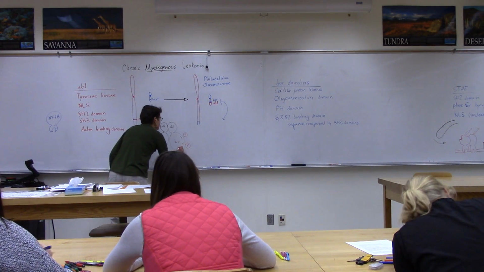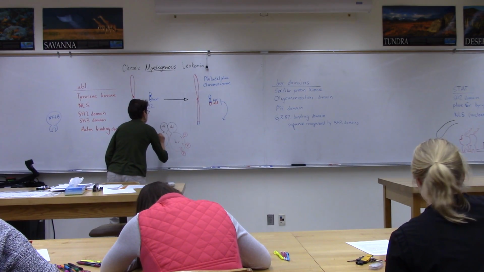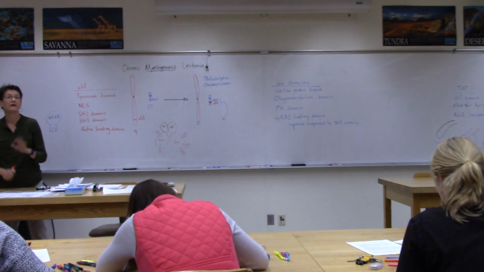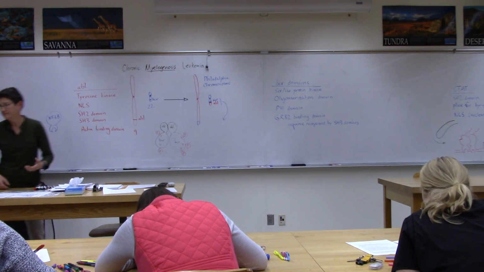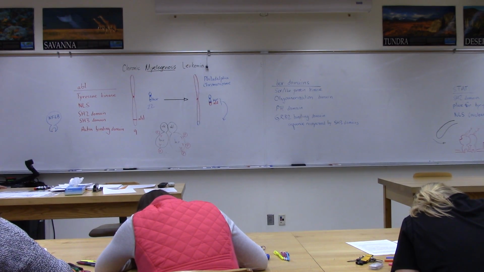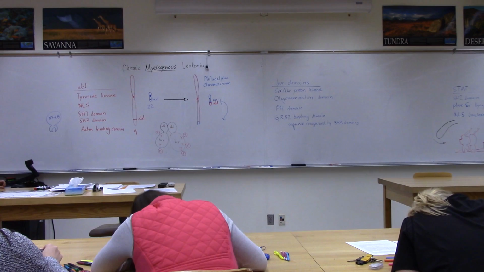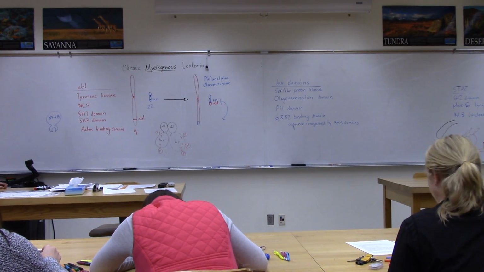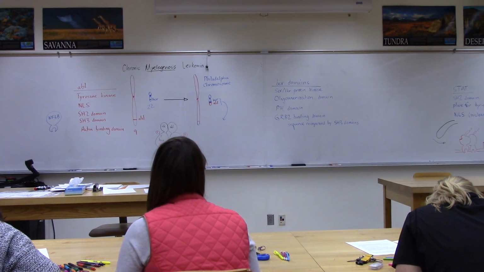And that has been shown to recruit a whole lot of typical things. RAS, so the GRB2, SOS, and combined you can activate RAS. You can get the RAS-MAP kinase pathway going. You can get PI3 kinase recruited. So it can do a lot of different things.